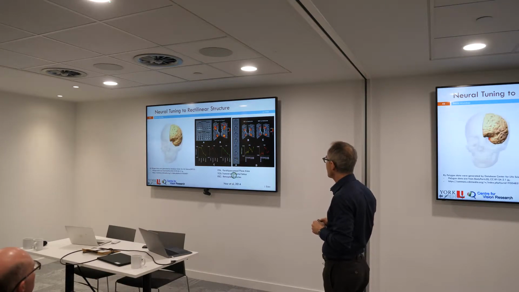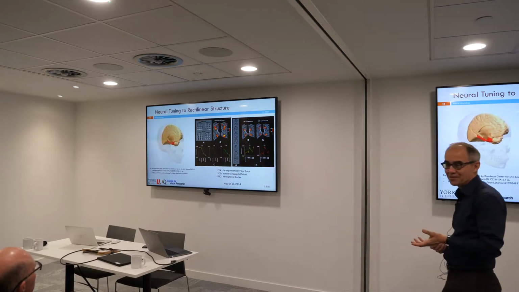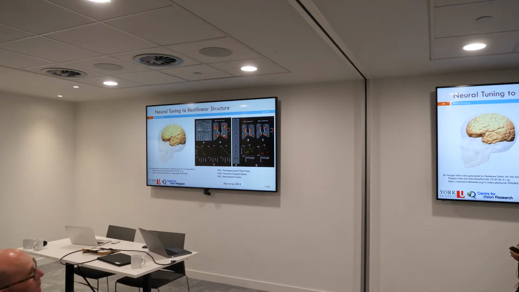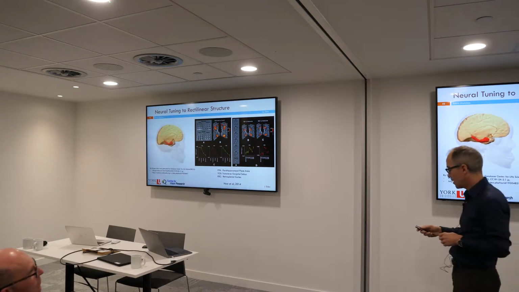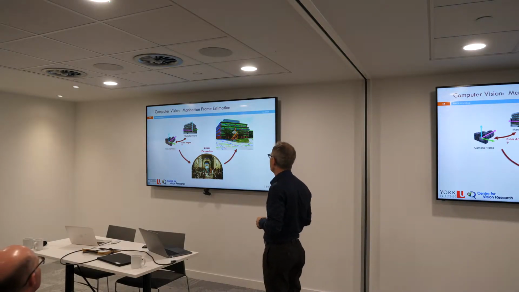These areas are, for example, the parahippocampal place area and neighboring regions of the brain. It's not too surprising because this is where we live, and it would make sense that we have the machinery in our heads to process these rectilinear cues.